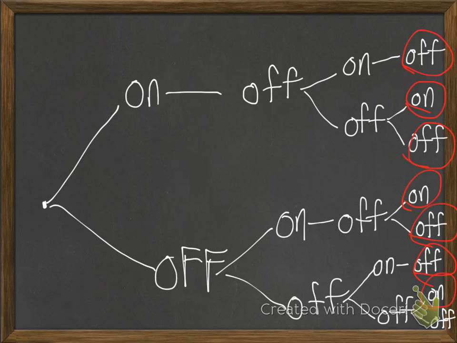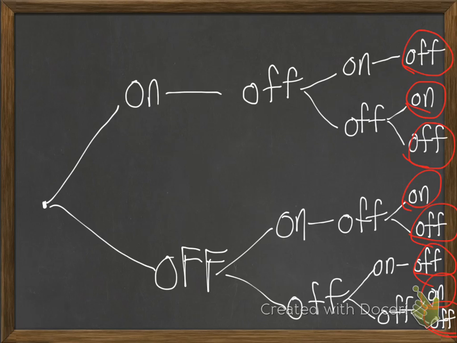I've just circled the last outcome, but to read the 8 outcomes you would start: on, off, on, off; on, off, off, on; off, off. There's the first 3, and then you can go on and read the other 5.